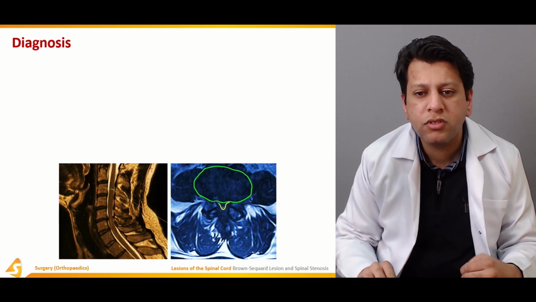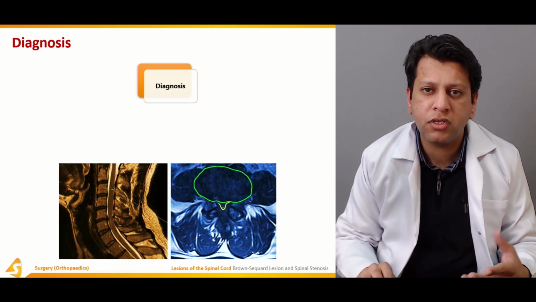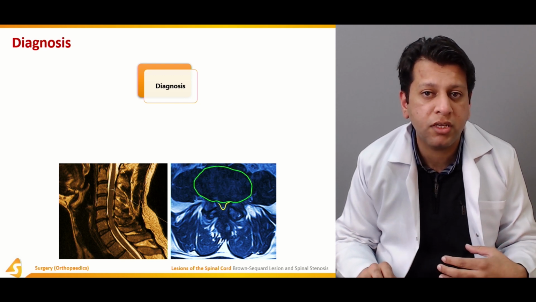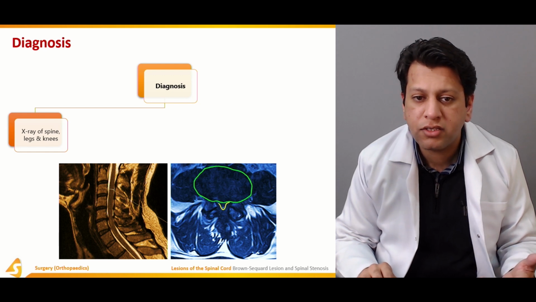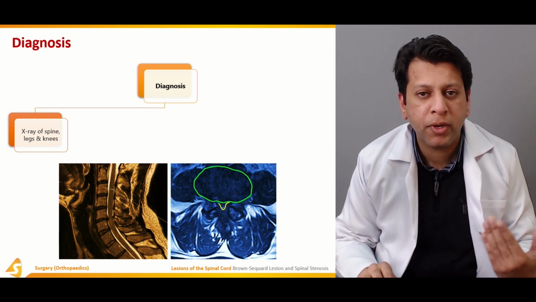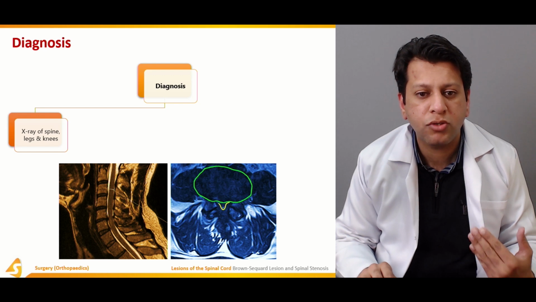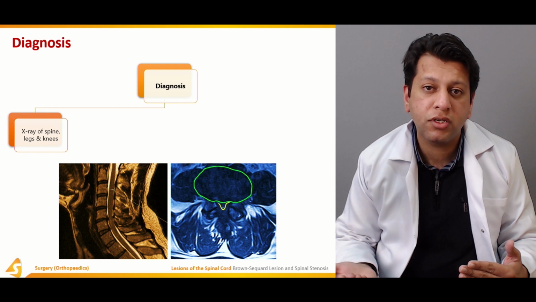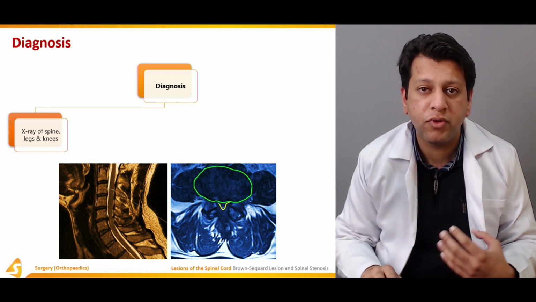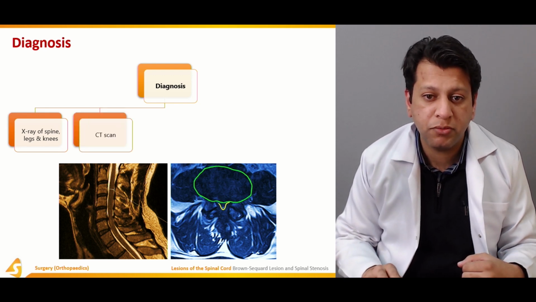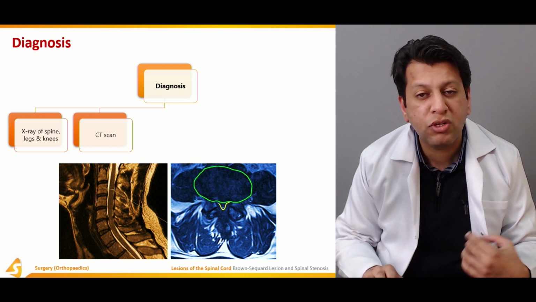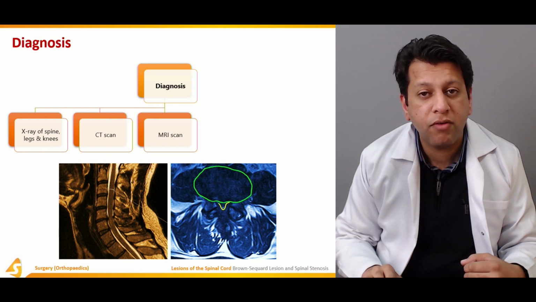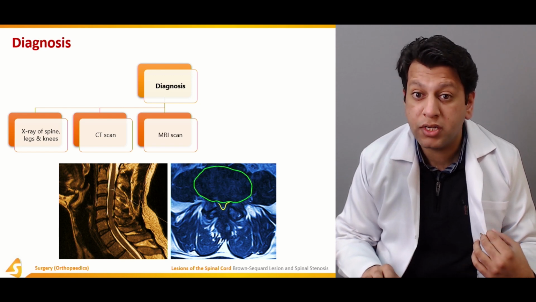So how is the diagnosis made? Diagnosis is based on the history and examination, depending upon what elements of radiculopathy and myelopathy are present or not, and then X-rays of the spine. We have to get the cervical till lumbar spine. Then legs and knees may also be involved, because in the lumbar region there may be other associated comorbidities which may present with similar symptoms. A CT scan would reveal whether there is associated bony injury or not, and MRI would show exactly how much the cord is compressed.